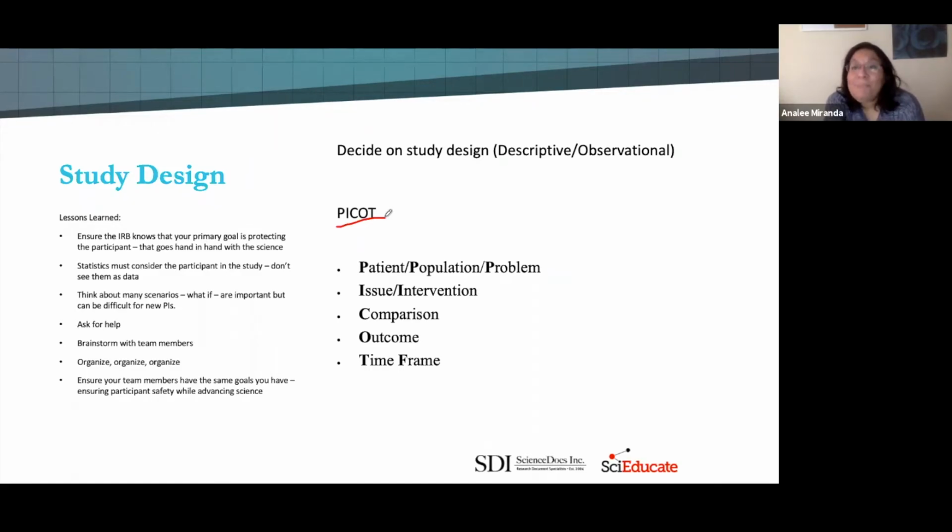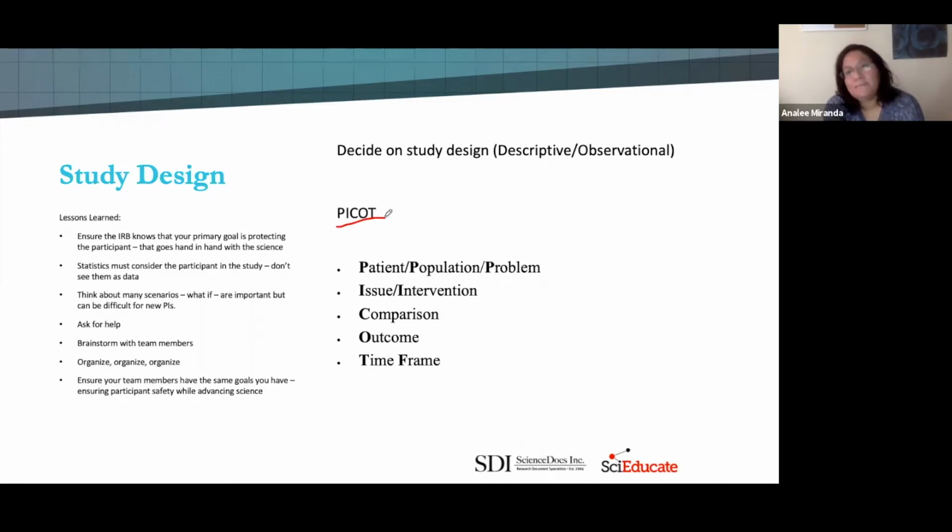Remember to think about the participant first. They are not data. Never call them that. Don't see your study participants as data. Anytime you let that slip, that might make you seem like a Frankenstein doctor, unfortunately. So always remember the participant.